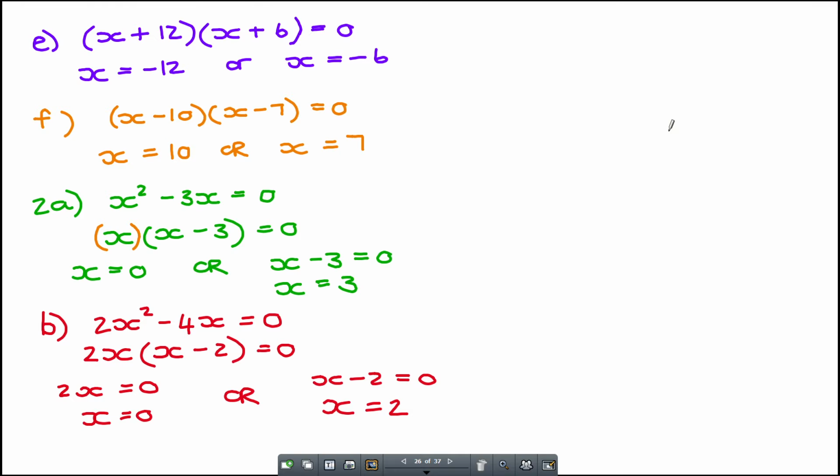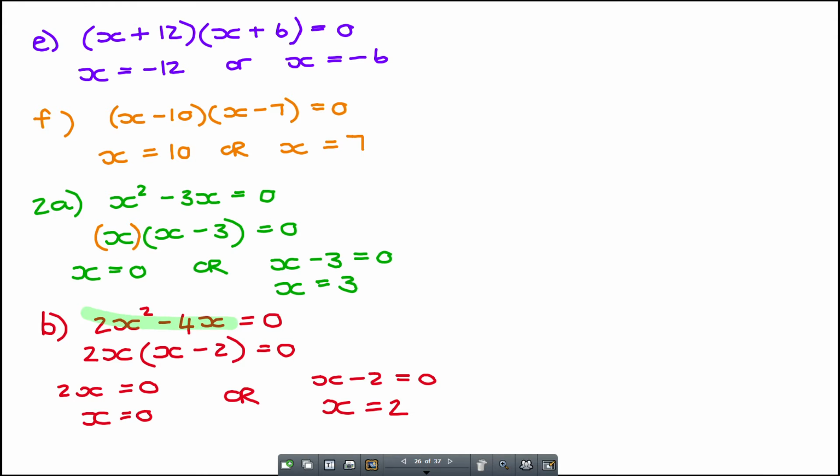Ma'am, can you please explain? 2B, ma'am. Okay, right. So, step 1 is everything to the one side equal to 0. That was already done. Step 2 is to factorize.